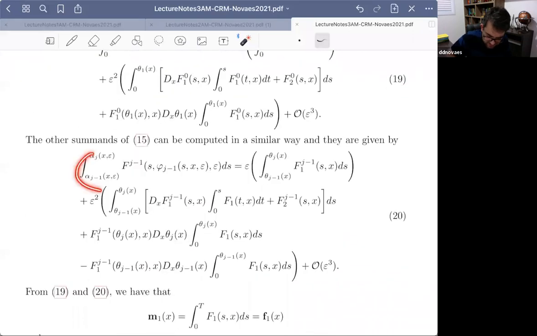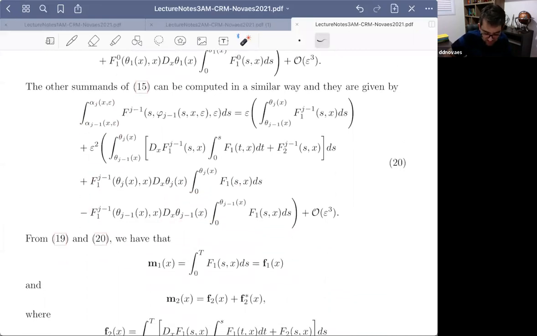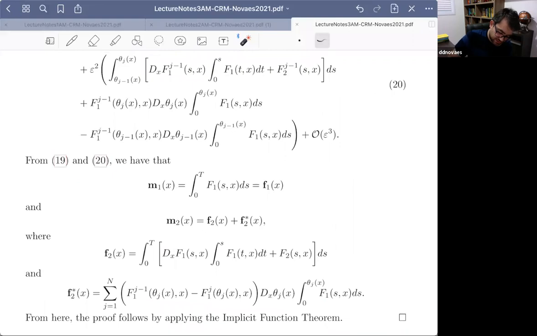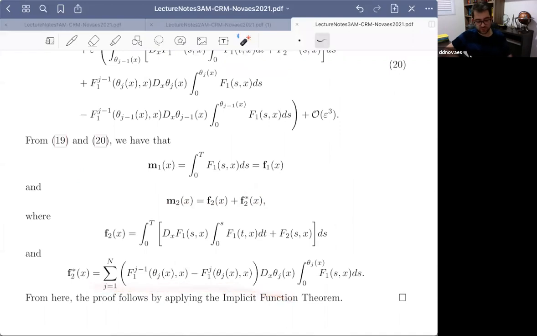The only difference is that two terms appear, depending on the derivative of theta. When we put everything together, what we obtain is exactly this expression for M1 and M2, where F2 star is given by this expression. Okay?